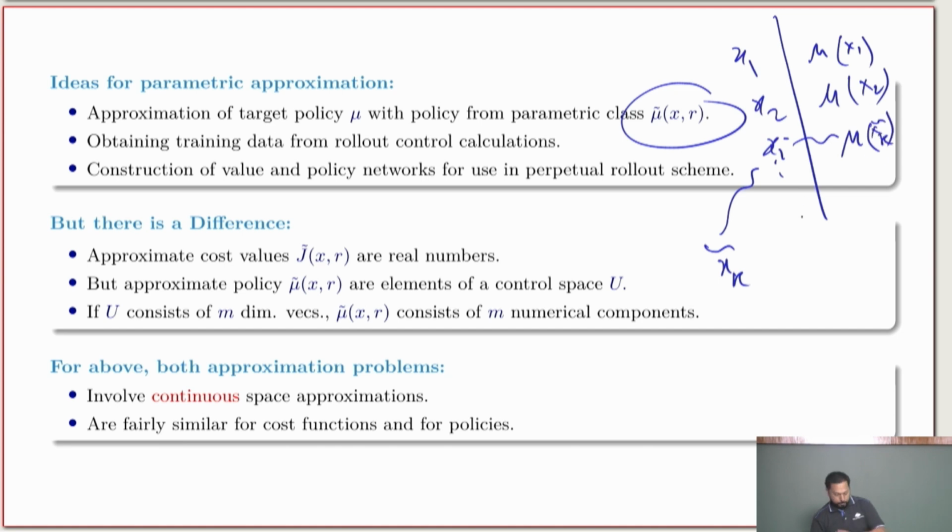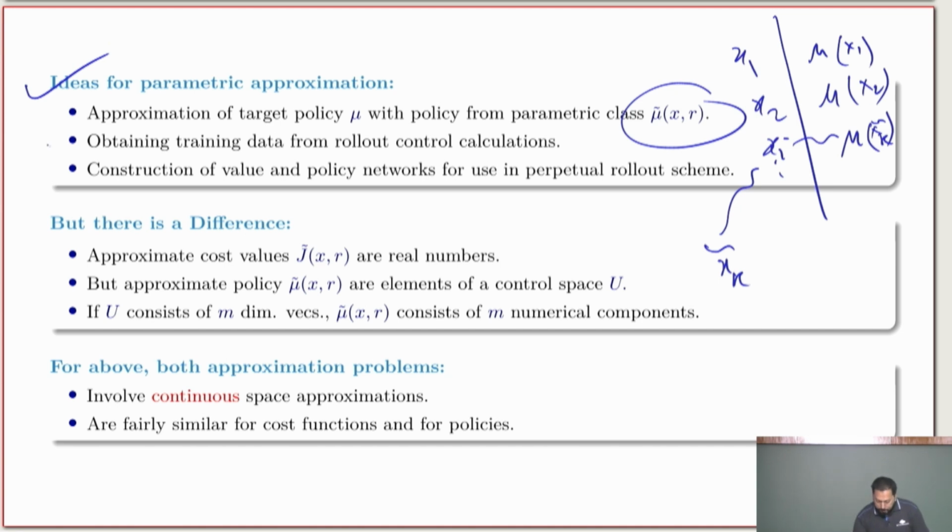Depending on the pattern of how xk is related to some of the states it has seen in the training data, it will give you a cheaper or faster prediction of the control, especially if the control space is huge. So the same idea applies here in the policy space.